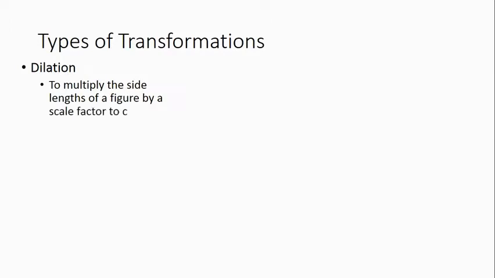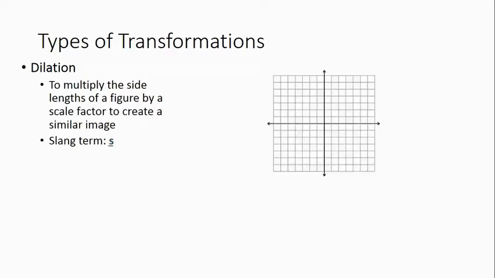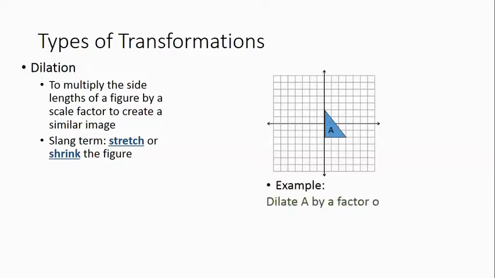Among the types of transformations, the last one will be a dilation. A dilation is to multiply the side lengths of a figure by a scale factor to create a similar image. In a slang term, we will be stretching or shrinking the figure. So, given right triangle A, we're going to dilate A by a factor of 3 halves.